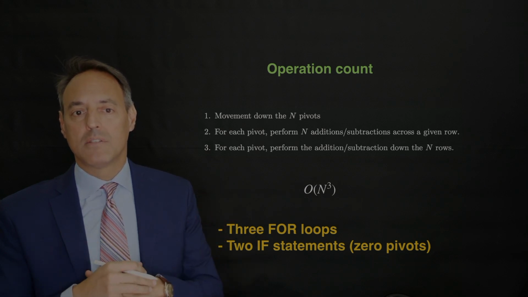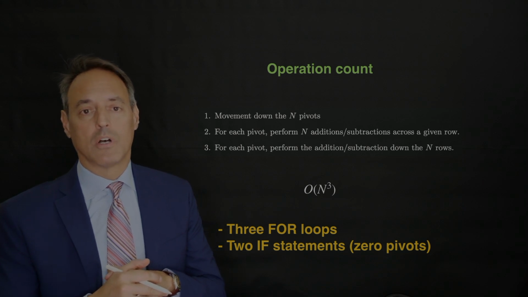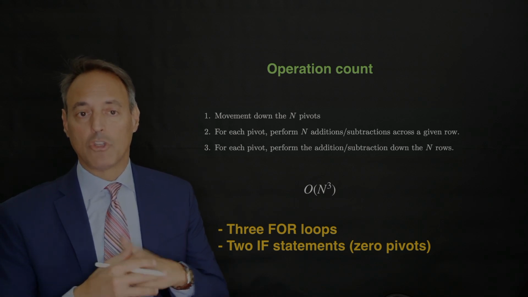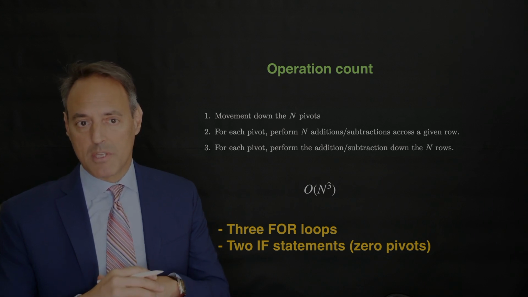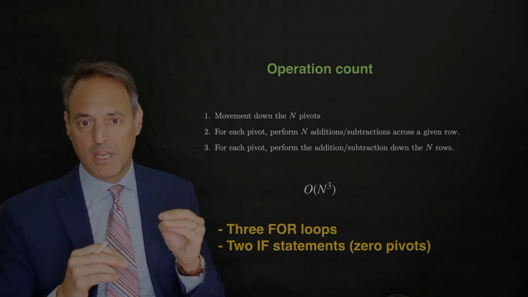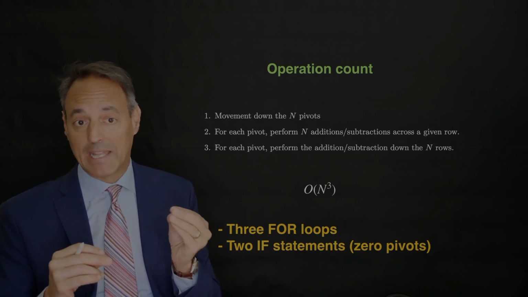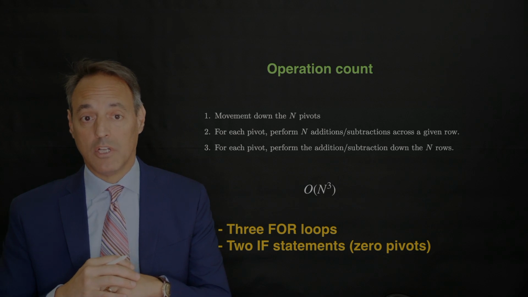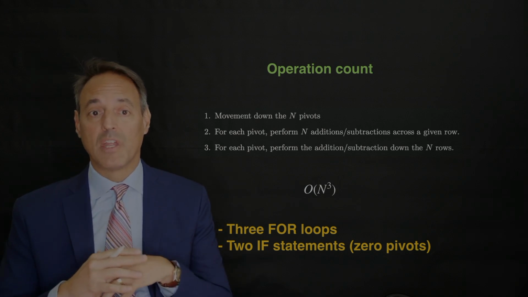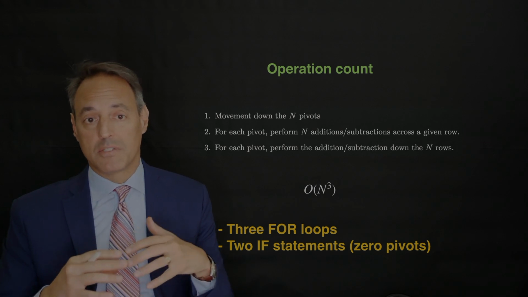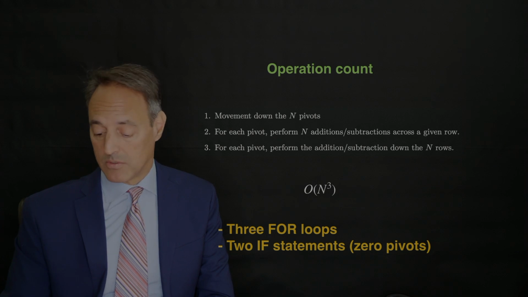What this means is the determinant of that matrix is 0, which means you cannot solve it. It does not have a unique solution. Okay? So the 2 if statements are checking for the 0 pivot and checking to make sure that you can actually solve this linear system of equations. So 3 for loops, 2 if statements. That's how we would think about framing this algorithm so that we have a self-consistent way to get to the solution.